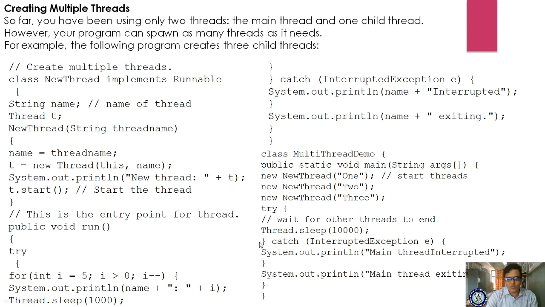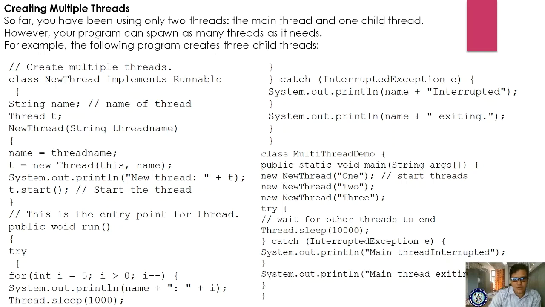In the try catch block you are making the thread wait, not 10 seconds but 10 milliseconds, and here 1 millisecond, not 1 second. Sorry, here it is 1 millisecond, here it is 10 milliseconds. It will wait and display the output.